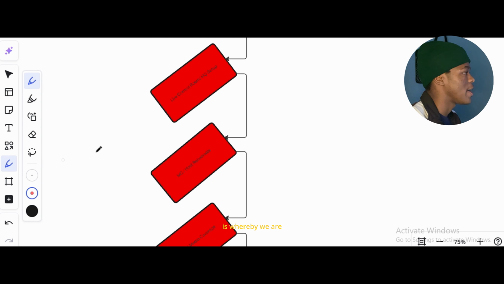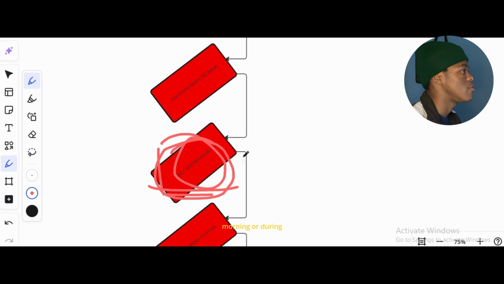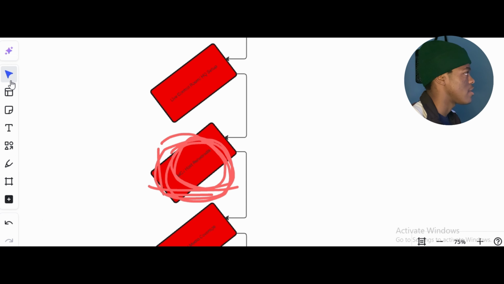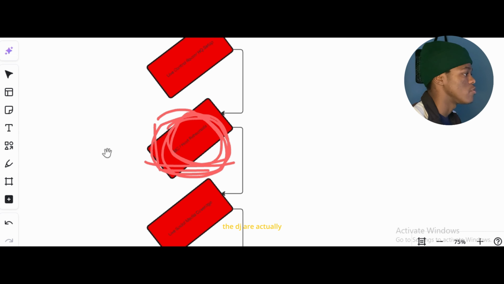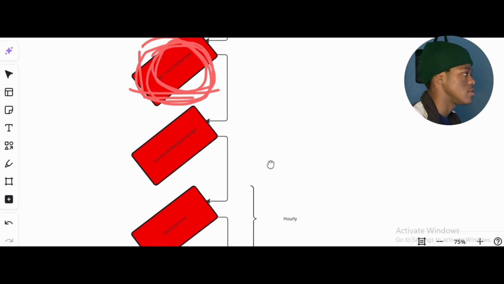This is where we are checking the mics and the sound system for the people who are going to be performing. This is basically their time, probably early in the morning or during the day before the event starts. We are making sure that everything is working correctly, and that the artists, performers, producers, and DJs are good.